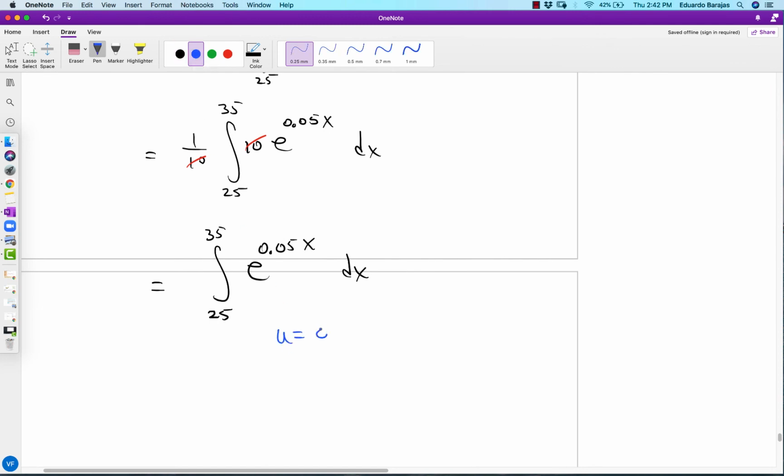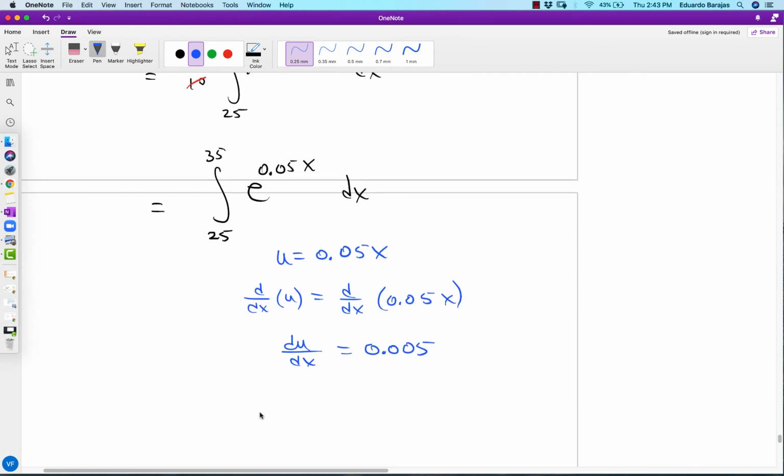Let's let u equal 0.05x, and then the derivative with respect to x, du dx, equals 0.05.